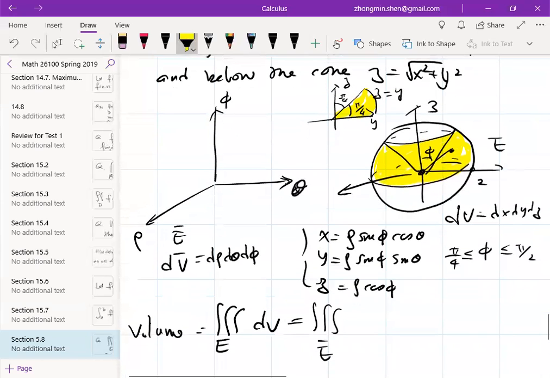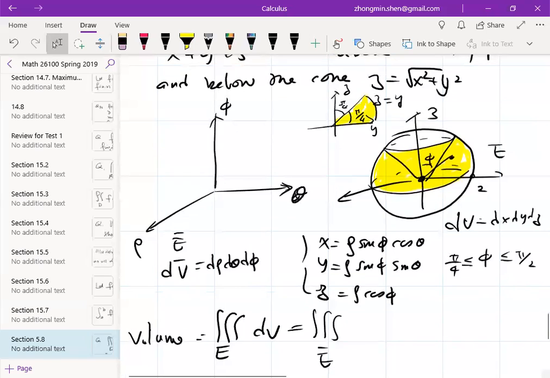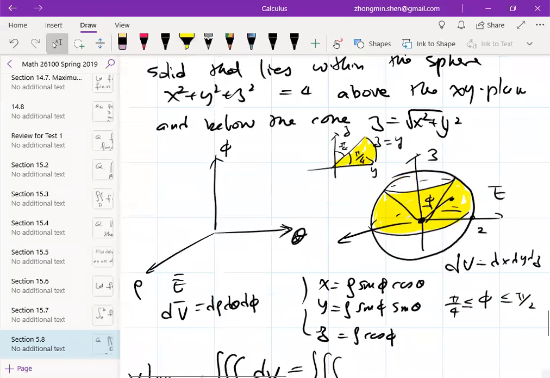That's it. So now I'm going to describe the corresponding picture here. Phi, this radius is 2. And there's no restriction on theta. It's 2 pi. So I draw this line. But phi is between pi over 4 and pi over 2. So this is pi over 2 and pi over 4.